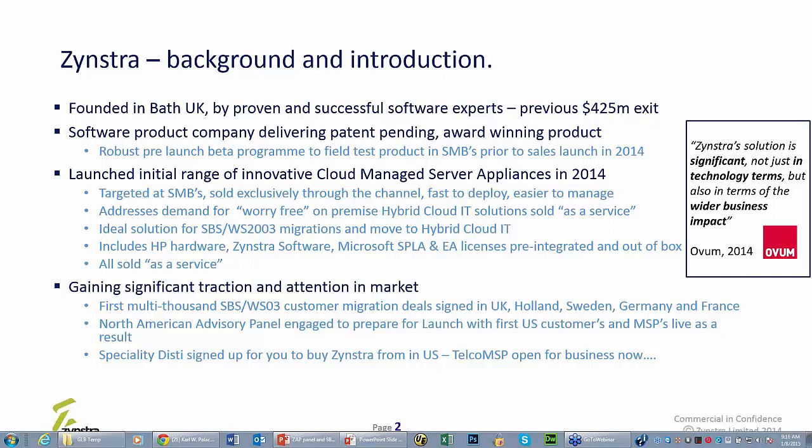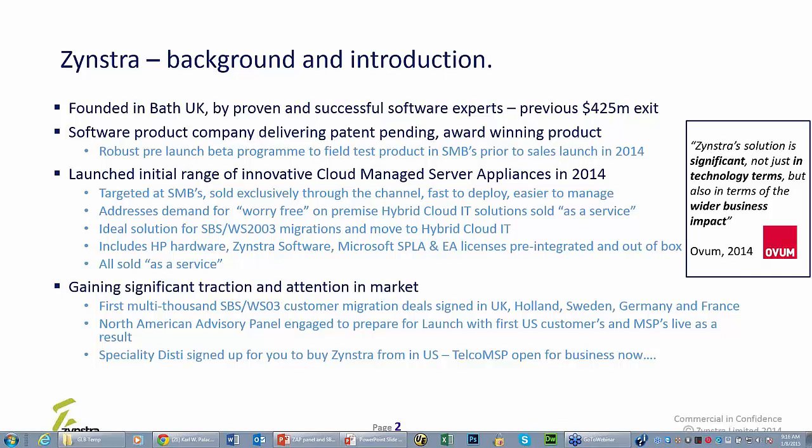And when they looked around, they found that there was nothing really addressing the needs of the SMB community to deliver a hybrid cloud solution, and that all of the investment, all the VC investment, all of the hype was going into delivering applications into the cloud.